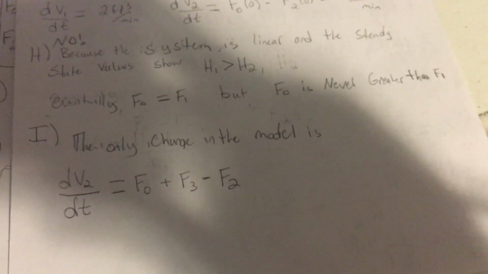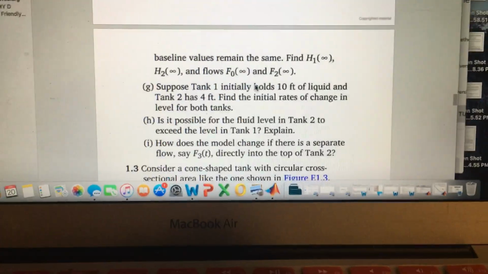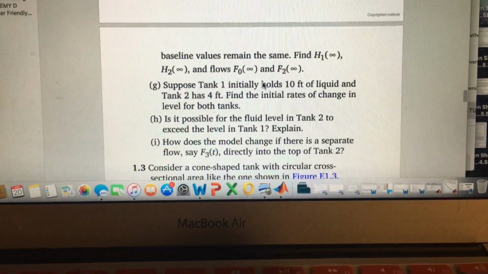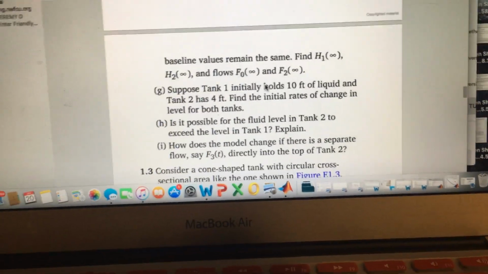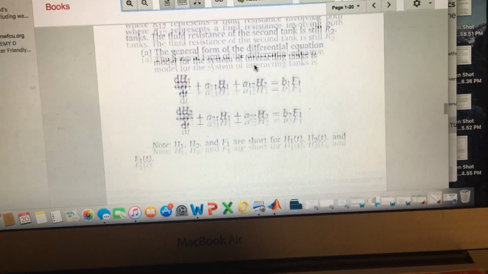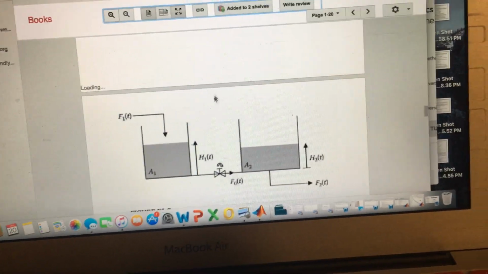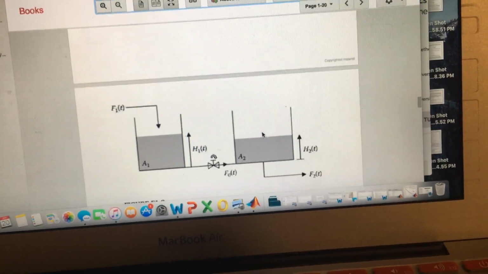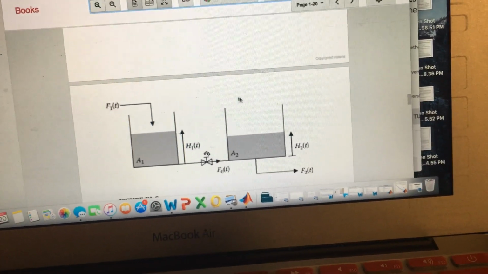And then finally, this is pretty simple, but it does go down to the fundamentals of how we got to the equation in the first place. How does the model change if there's a separate flow going into the top of tank 2? So now we have this additional flow coming into this tank. Well, it doesn't change a whole lot, actually.